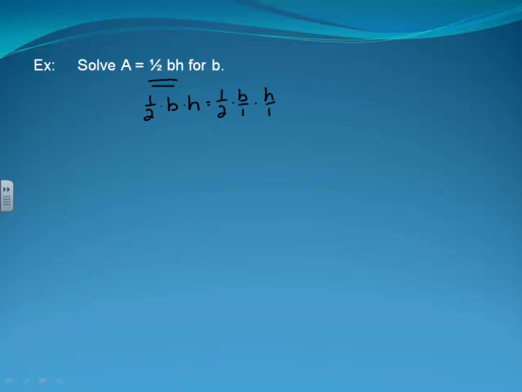You can take any factor that is not a fraction and make it into a fraction by putting it over 1. Now when you do that, if you do straight multiplication, you've got 1 times b times h in the top, which is simply b times h, and on the bottom you've got 2 times 1, which is 2. And so our formula can also be written as A equals b times h divided by 2.